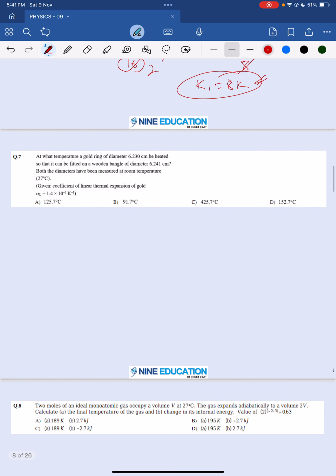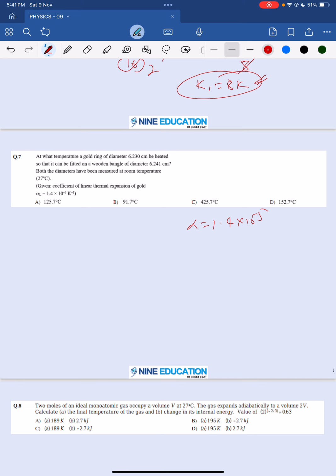Then we are having, at what temperature should a gold ring of diameter 6.230 centimeter be heated so that it is fitted into a wooden bangle of diameter 6.241 centimeter, and both the diameters have been measured at the room temperature 21 degrees Celsius, and alpha is given to us as 1.4 into 10 to the power minus 5.